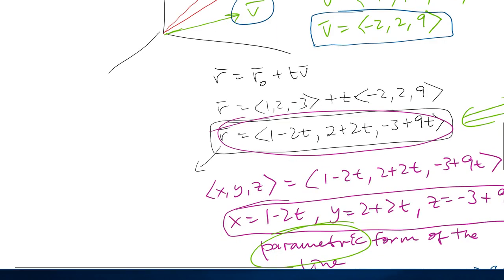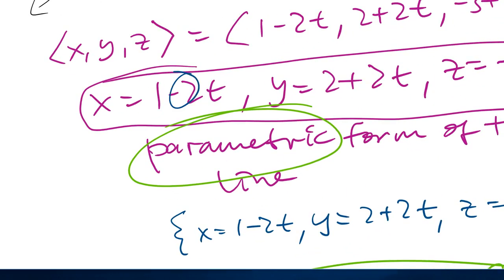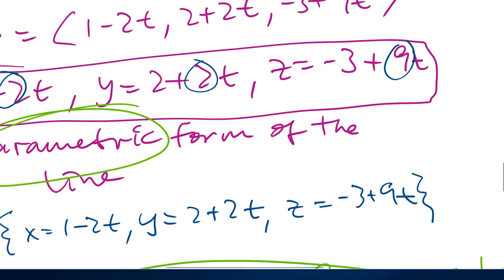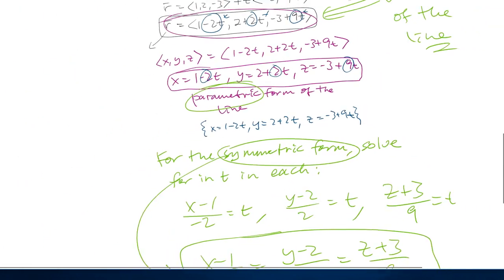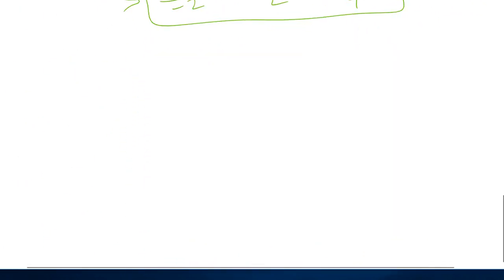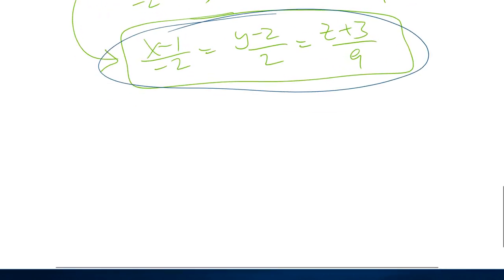So when we did our work, negative 2, 2, 9 showed up as the coefficients of t. And over here, negative 2, 2, and 9 showed up as coefficients of t, all right? So the coefficients of t will be a vector parallel to the line. And that's why I don't like symmetric so much, because that goes away. All right, so let me give you that little fact.